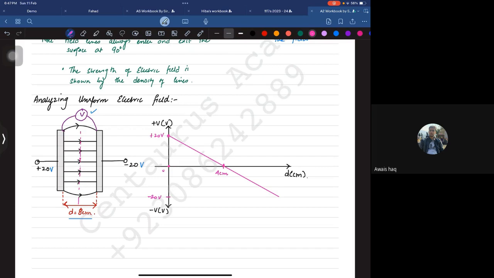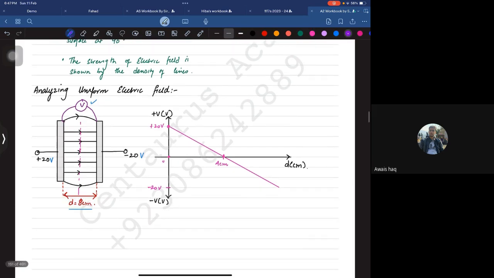The other thing you need to understand is that when you find the gradient of this line, it will give you negative change in voltage over change in distance, and the gradient of this line basically shows you the electric field strength.